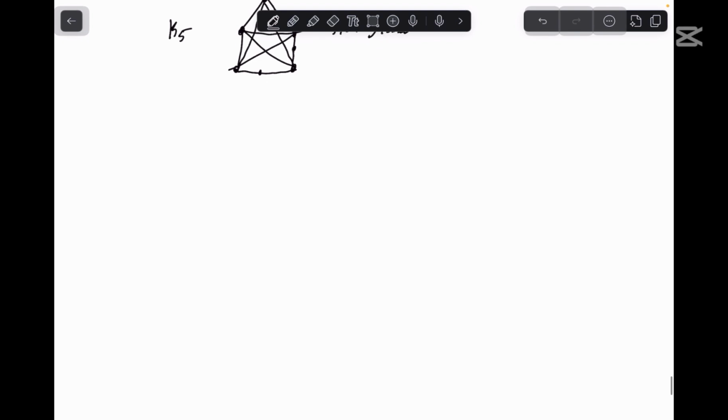So, if we take a star graph, we have a center vertex. We connect each one. This graph is very simple, just has one center vertex connected outwards, and there's no way of finding a K5 or a K3,3 inside of it.